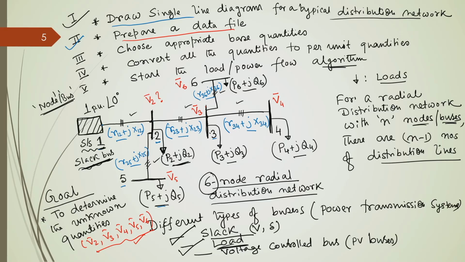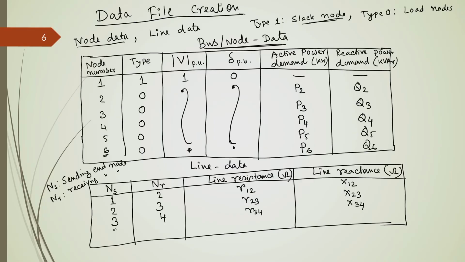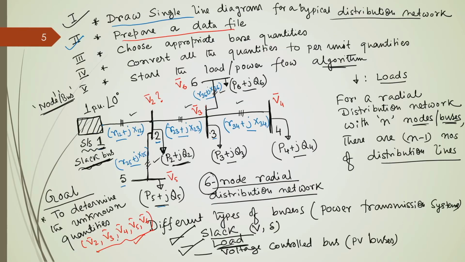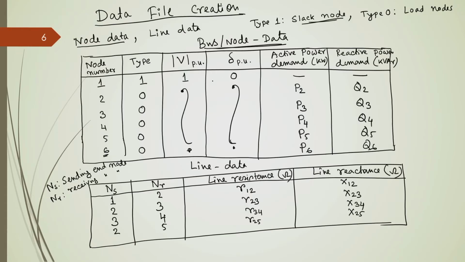Another line connects nodes 2 and 5, R25, X25. And another connects nodes 3 and 6, which is another lateral line, R36, X36.